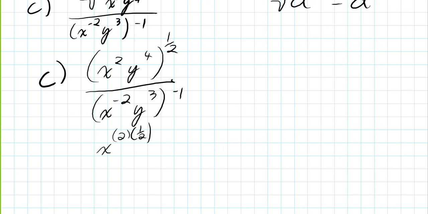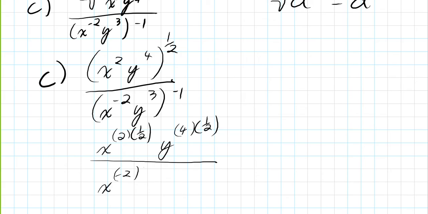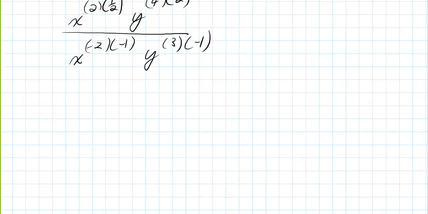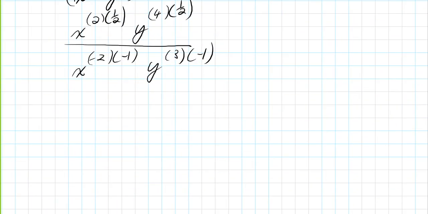I'm sure this is math you can probably do in your head in one step, but we're going to write it out just for our notes, so that if we ever have to revert to our notes, we know what's happening. X to the power of -2 times -1, and y to the power of 3 times -1. Okay? We continue. We're just going to carry out that multiplication here.